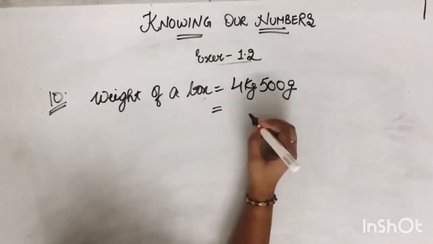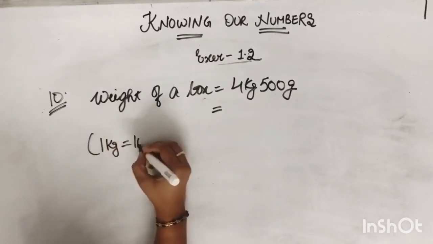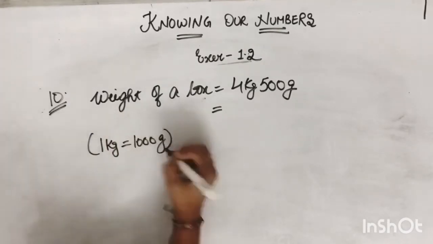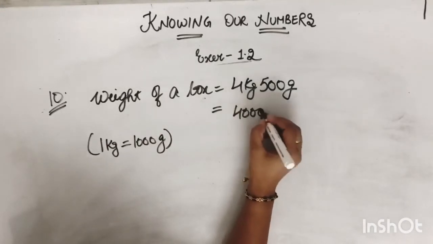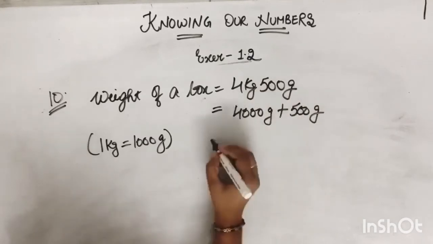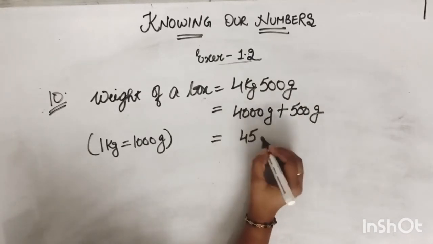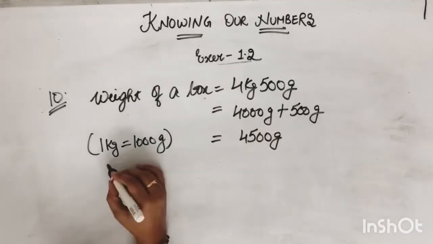We know that 1 kilogram is equal to how many grams? 1000 grams. So 4 kilograms will be equal to 4000 grams plus 500 grams. So it will be equal to 4500 grams. This is the weight of one box.